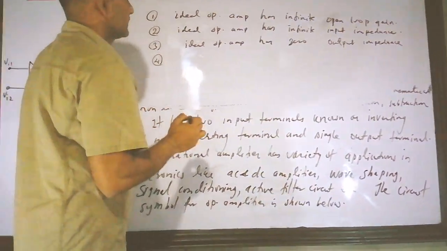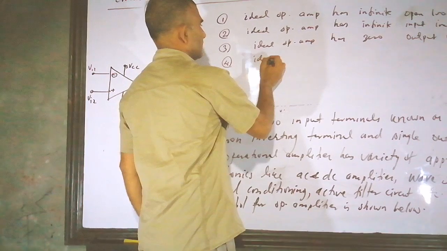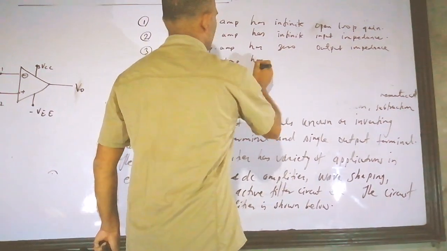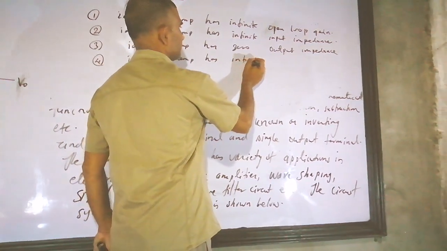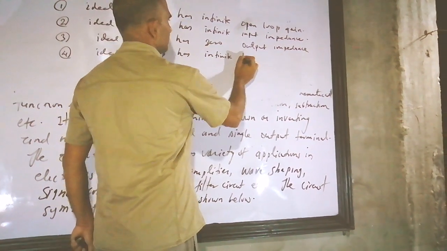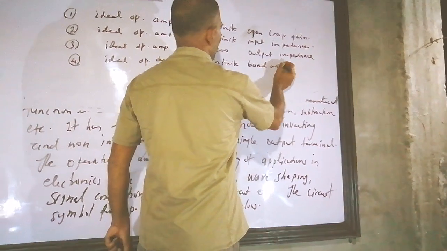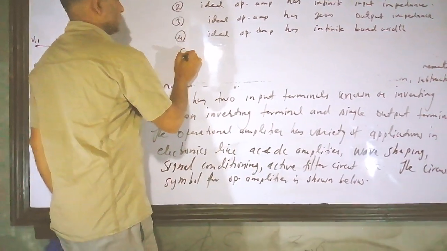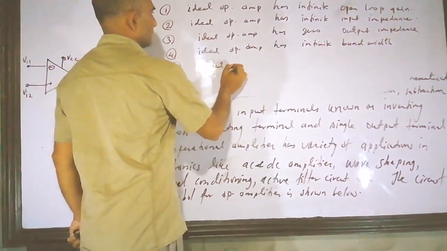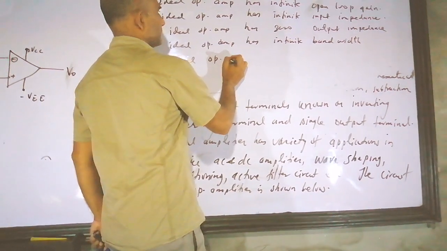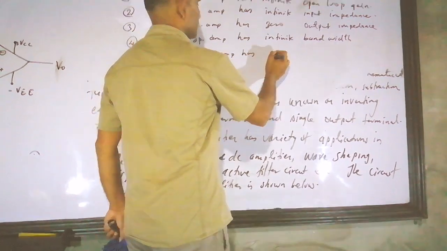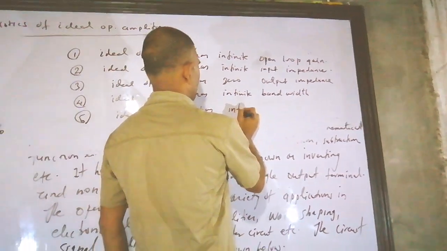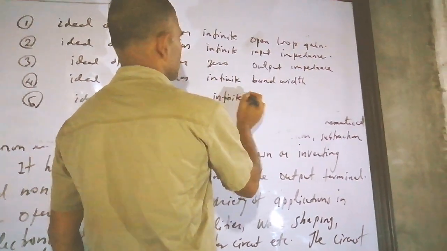And fourth, the ideal op-amp has infinite bandwidth, and the op-amp has infinite slew rate.